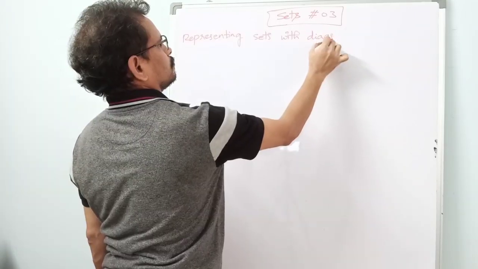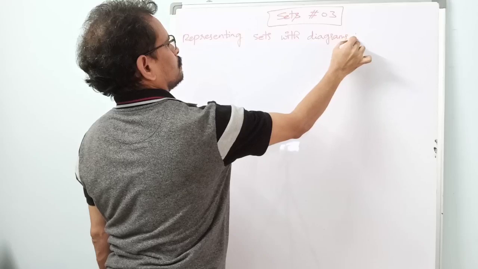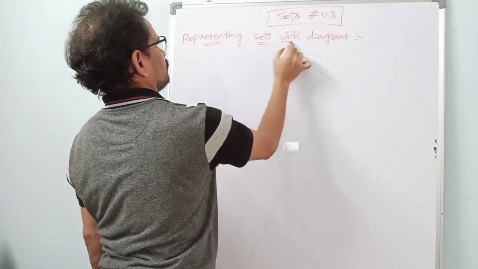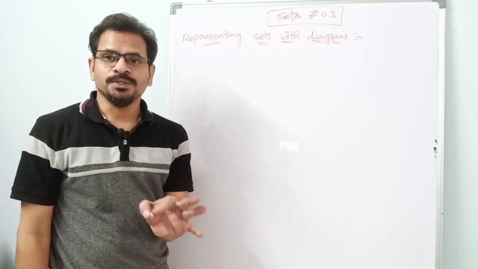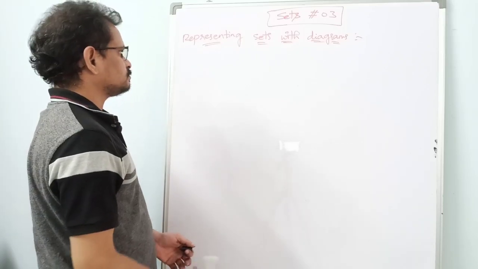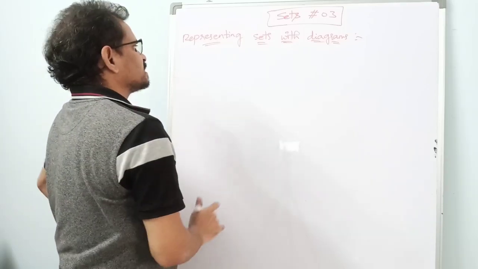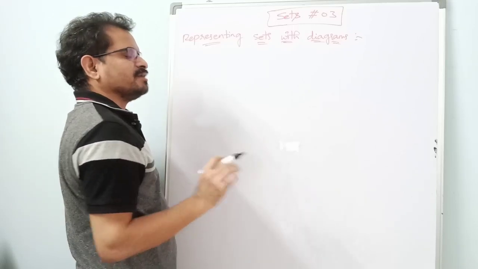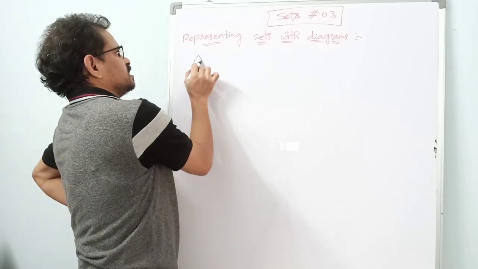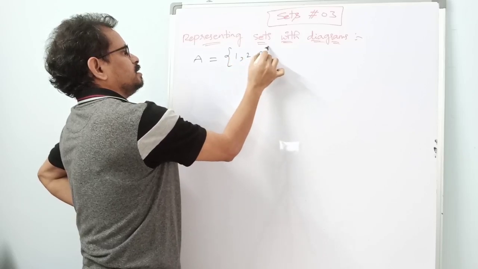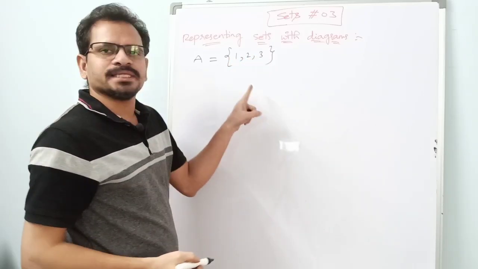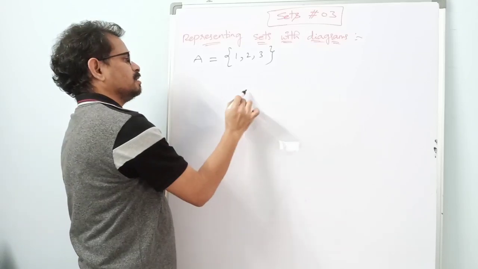Okay. How to represent sets using diagrams? Very simple. Suppose a set A is given to us. Suppose a set A is equal to {1, 2, 3}. Then how to represent this with diagrams? Simple.